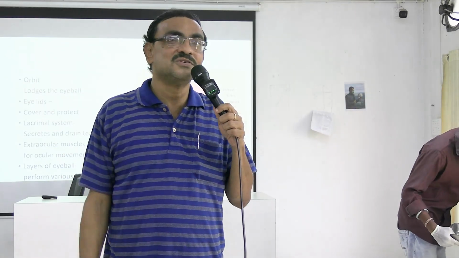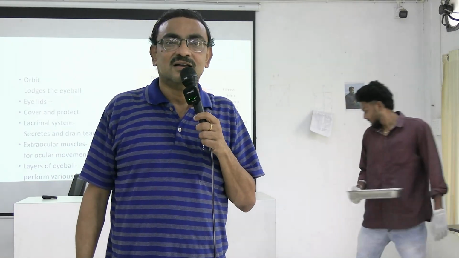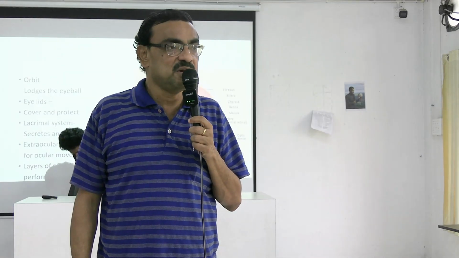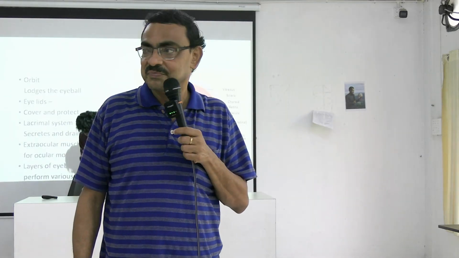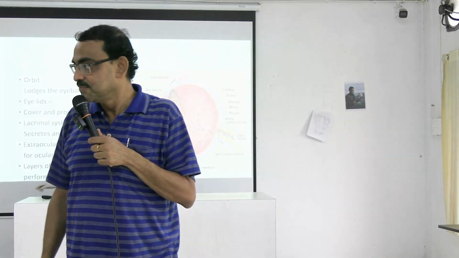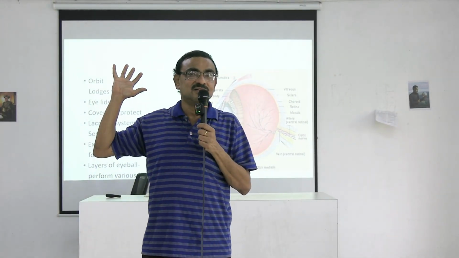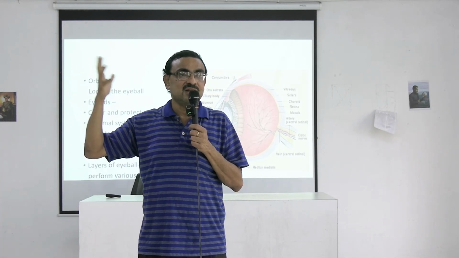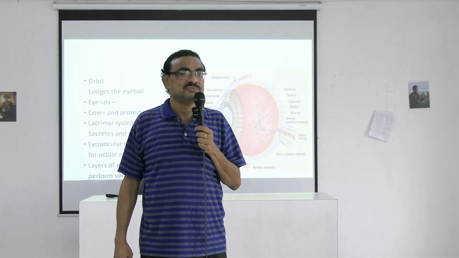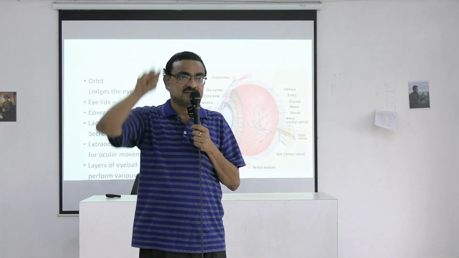This picture shows the section of the eyeball, which is quite familiar to you, I think. So from outside inwards, it has three layers.